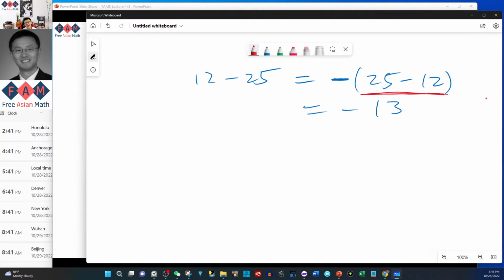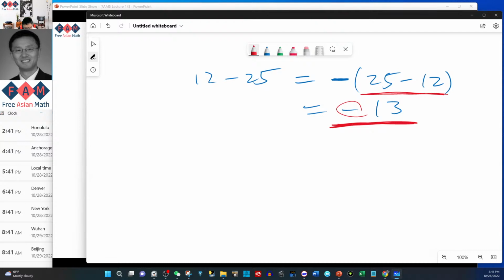In your mind, you are actually doing 25 minus 12, not 12 minus 25. You are doing the negation first. But after getting the result, you need to negate it back to cancel out the first negation. So negation of negation is just itself. That's how you get this negative 13. It's because of this result. All right?